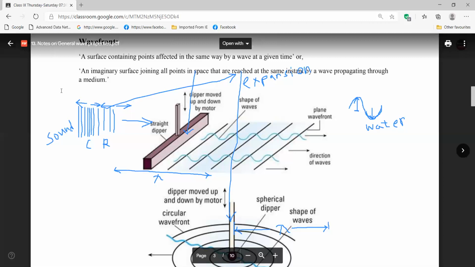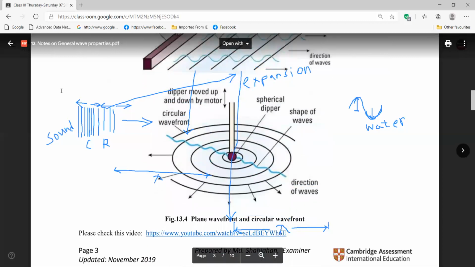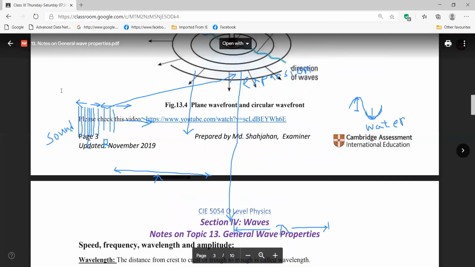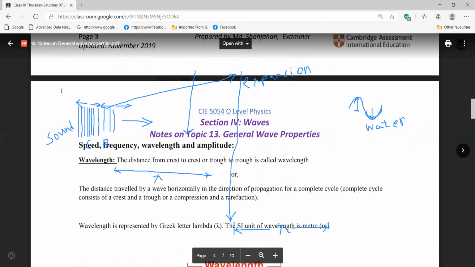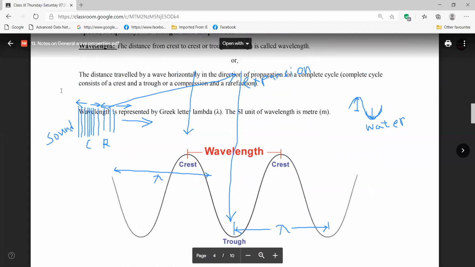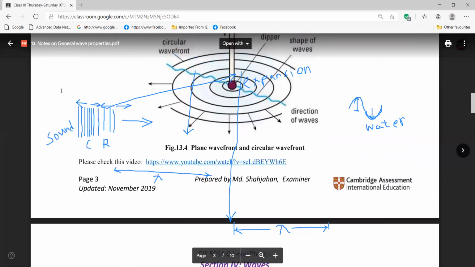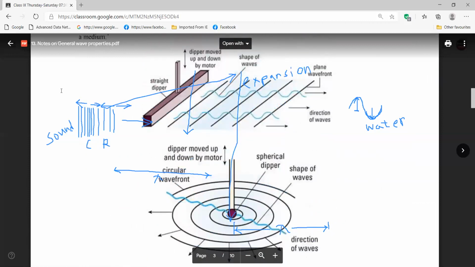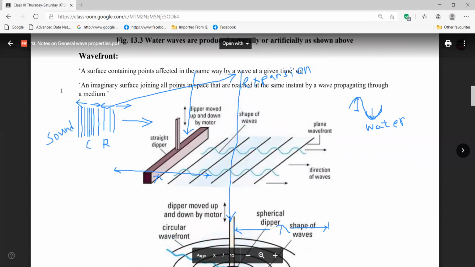So first we'll write the definition of wavefront. The first definition is done, right? Now you write the heading wavelength. Sir, can you go to wavefront please? Yeah.